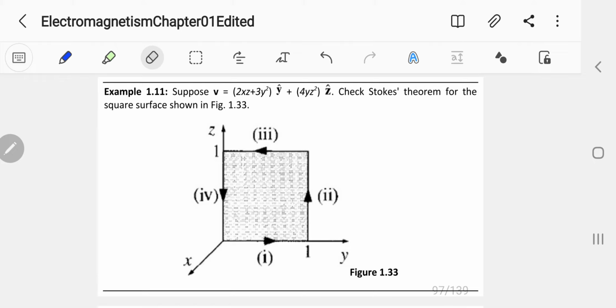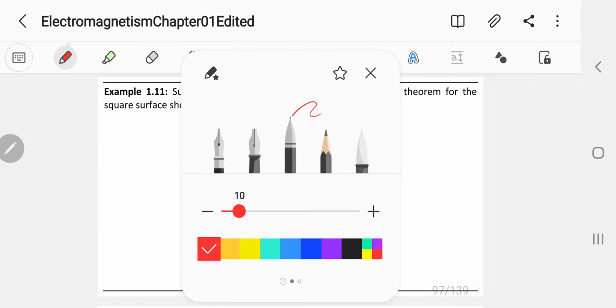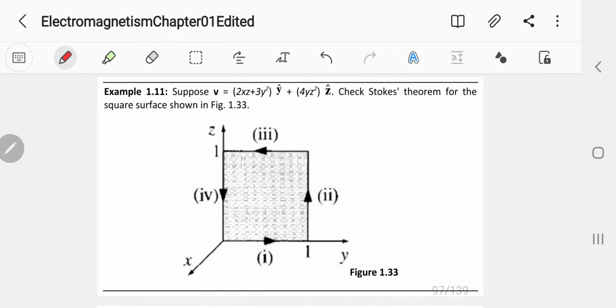So here, suppose v is equal to 2xz x hat plus 3y squared y hat plus 4yz squared z hat. So in this case, your v has no x component. We'll check Stokes' theorem for the square surface shown in figure 1.33. You have a surface that is bounded by 4 segments.